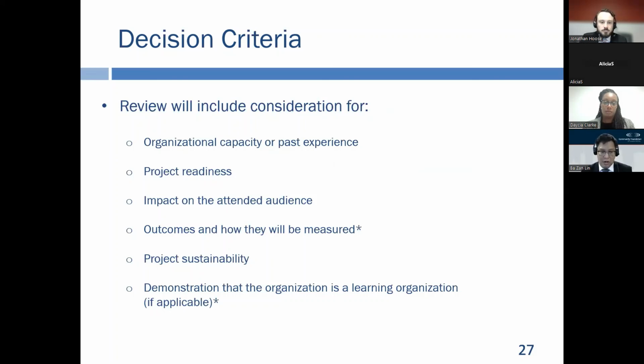And please note that we like to see both quantitative and qualitative outcomes, preferably quantitative outcomes. We understand sometimes there are qualitative outcomes, but we would really like to see the numbers. Please pay attention to it. We'd also consider the project sustainability and the overall demonstration that the organization is a learning organization, if applicable.